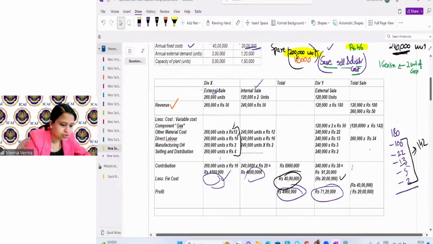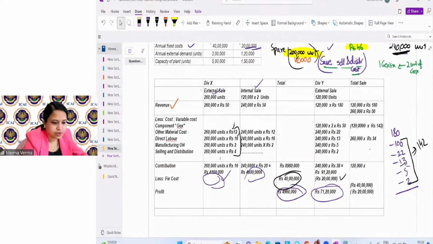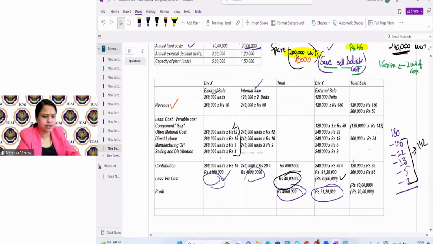I can say the contribution also 120 into 180 minus 142. That is 38. Okay. Rupees 38 is the contribution they are earning here, and for 260 is what the contribution will be. Solve it, you will get the profit.